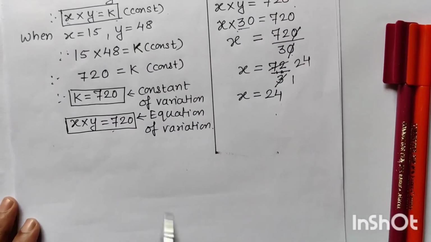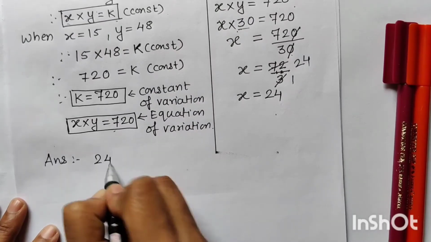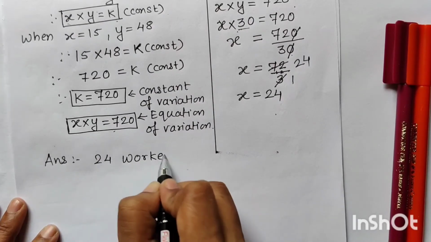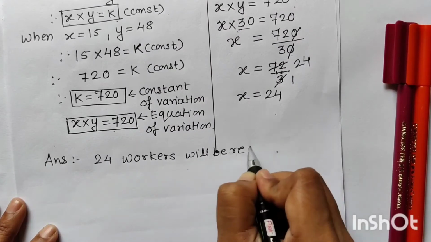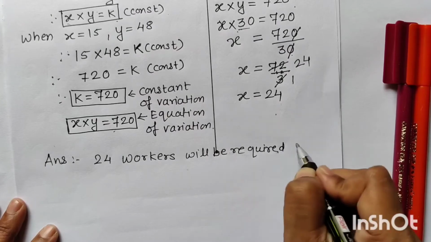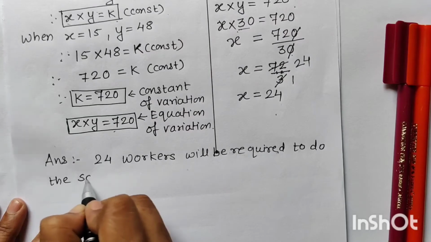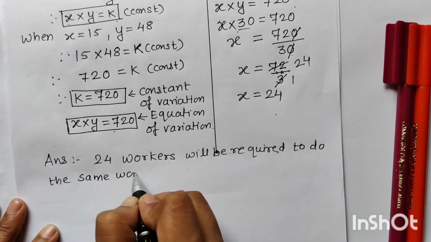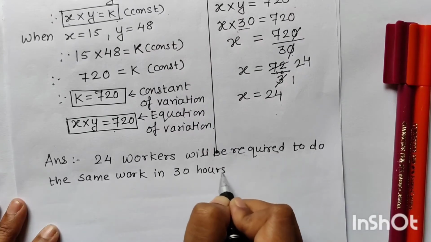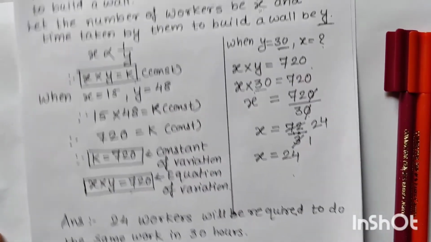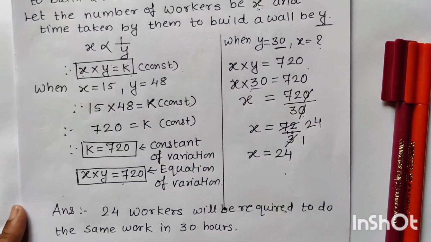I am going to write the answer here: 24 workers will be required to do the same work in 30 hours. So from the last sentence of our question, we have to write down the answer statement. So in this way, you can solve this sum.